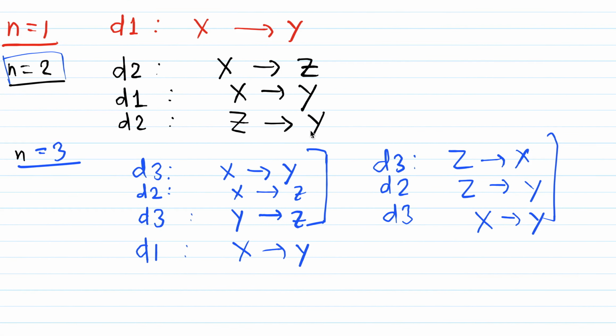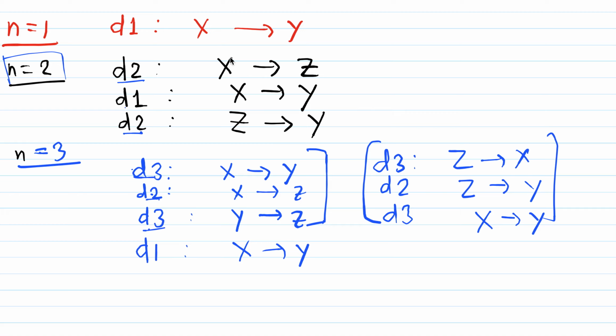Now let's see some pattern here. If you look at just the n equal to 3 case, you see that we have D3, D2, D3. That is, first and third are common, middle one is different. And if you look at the n equal to 2 case, first and third are same, middle one is different.